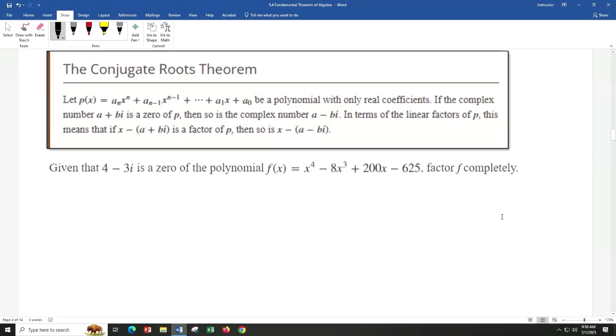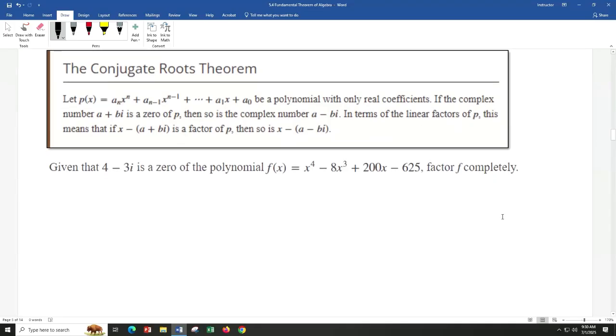Look here. Conjugate roots theorem. Let P of x equal that whole big polynomial again with only real coefficients. If the complex number a plus bi is a 0 of P, a complex number is still a 0. It's just that you can't graph it. It's there, isn't it? Because we do solve for it.